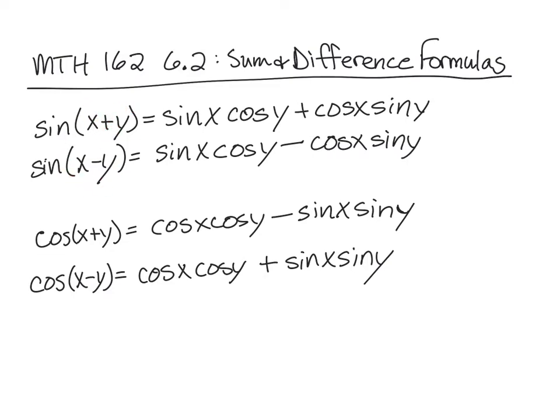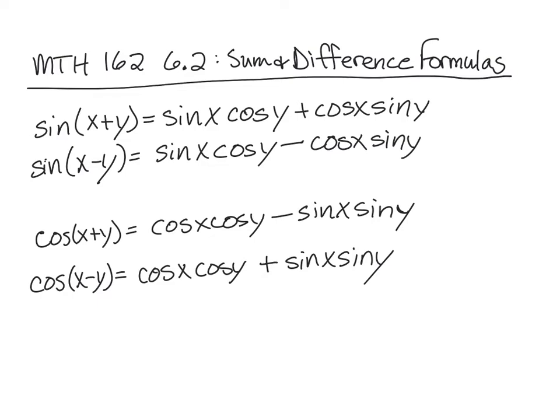Notice that the sine of the sum and the sine of the difference are very similar. The only difference is the actual sign in the middle. So it's sine, cosine, cosine, sine. If you're adding, then you're adding. Sine, cosine, cosine, sine. If you're subtracting, then you subtract.